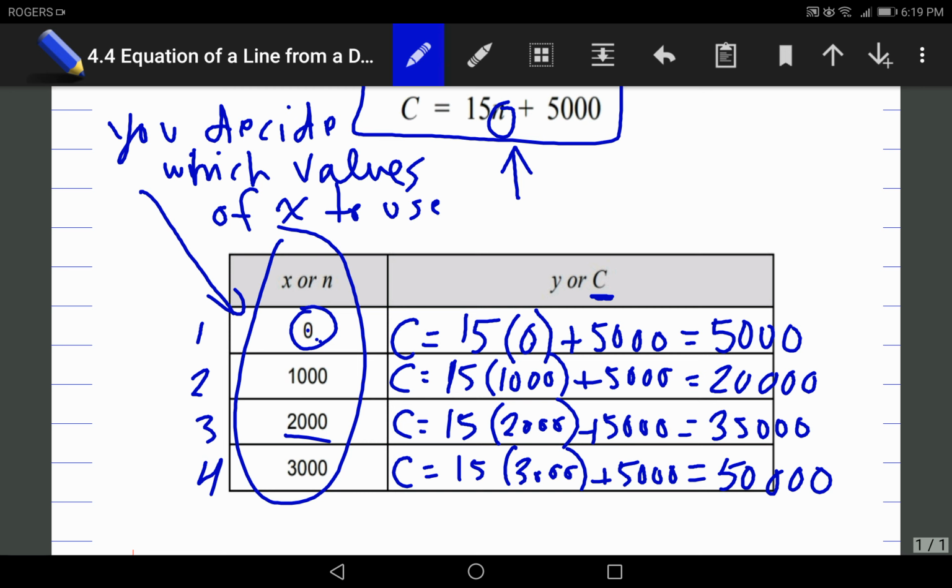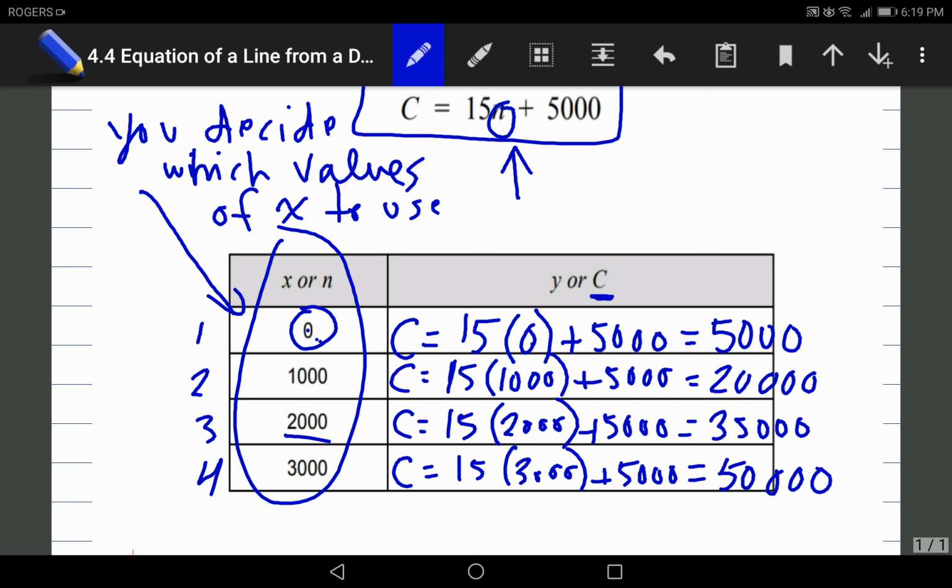Okay, so remember, you come up with the X, or in this case, the N numbers. You make those up. I mean, you could have used 0, 10, 20, 30, or you could have used 0, 100, 200, 300. That doesn't matter, okay? You could have used anything you wanted there.